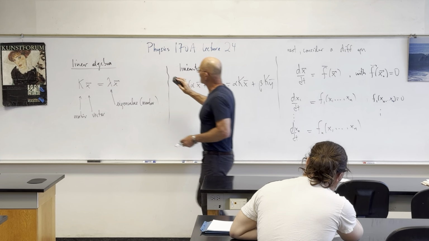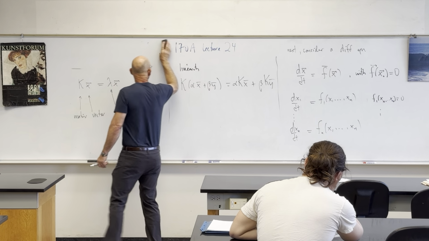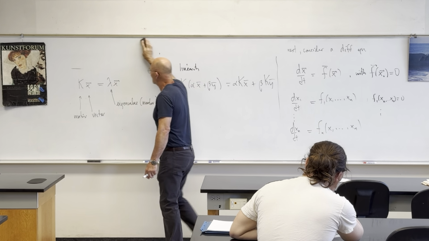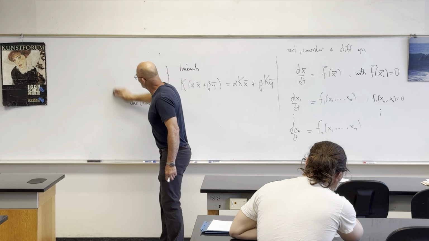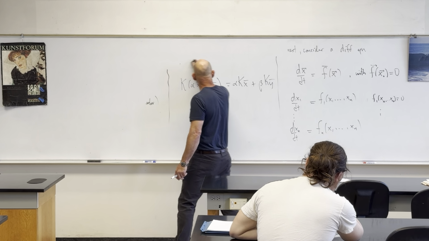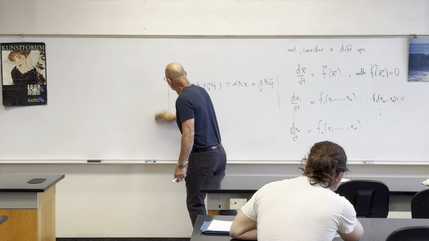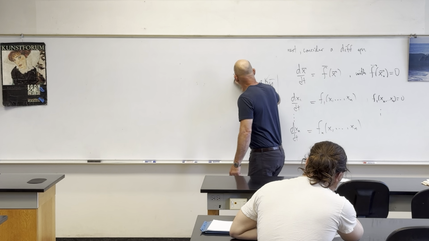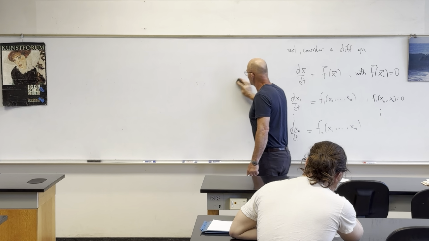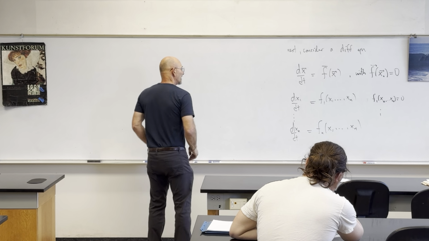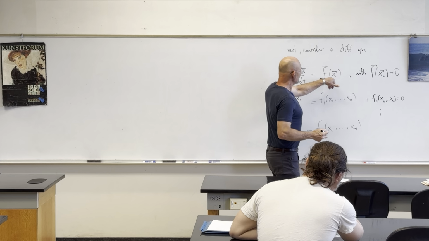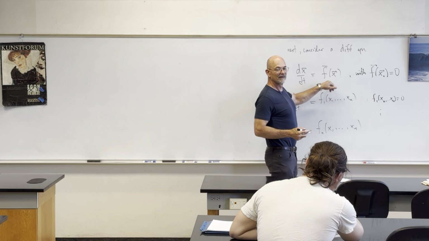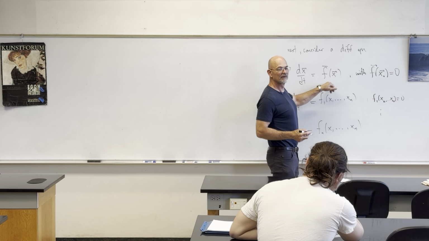Okay, so let's go ahead and tackle this thing. So there's not much more you can say about it at that point, unless we make use of this assumption here. What we're going to do is expand this function to linear order.